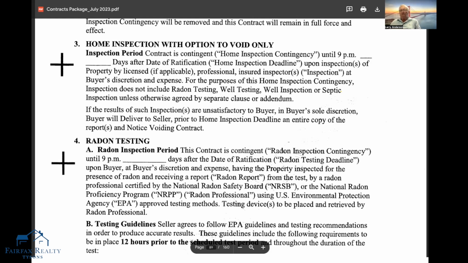Okay, so let's say you found something as a buyer agent, after the home inspection, and we talk to the listing agent, and they say, okay, are you or your seller willing to fix those items? Because they know that we have HOA documents, we can be out, right? Use that reason. So because we select this number 3 option, void only, we do have an option to negotiate with the seller and listing agent.